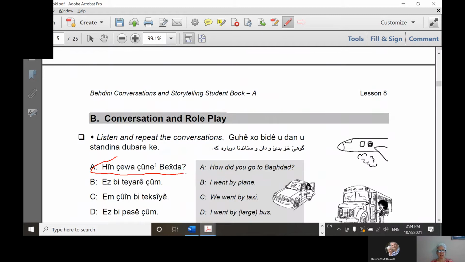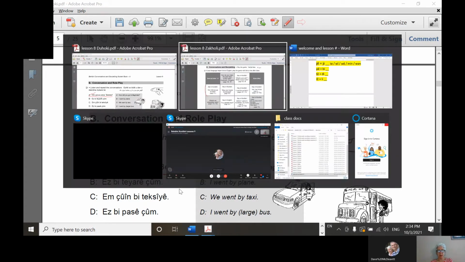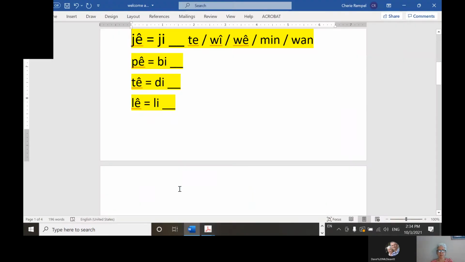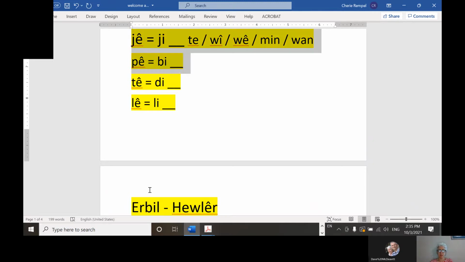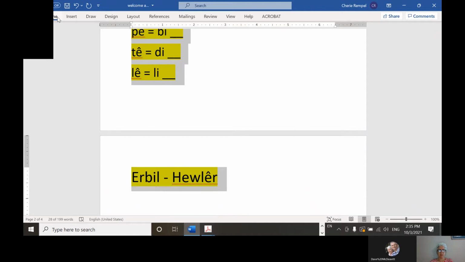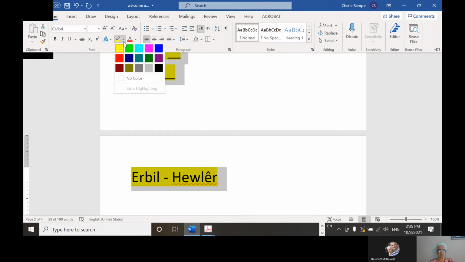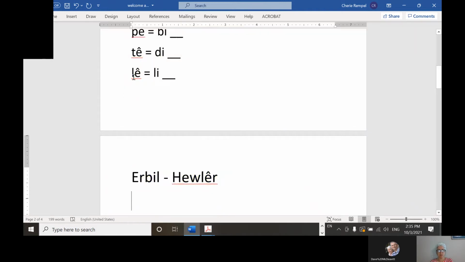In Chawachuna Baghdad. And you can just substitute Hawled instead of Baghdad. So let me tell you how Hawled is spelled. So Erbil in English is the same as Hawled in Kurdish. So instead of saying Baghdad, you could say Hawled.